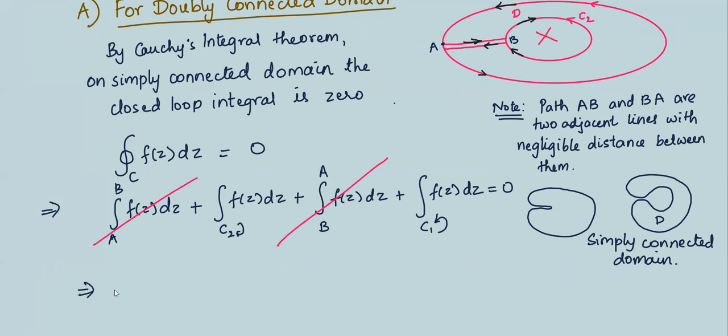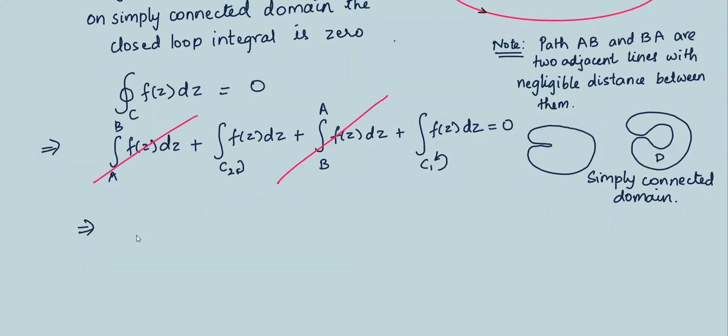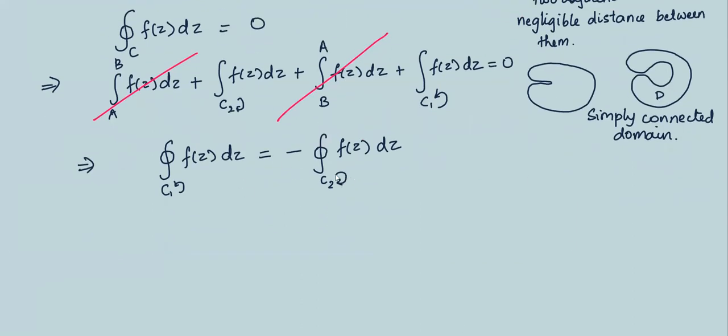Then what we are left with, take this to the other side: the integral over closed loop C1, practically it is a closed loop, just one point we are missing, of f of z dz is equal to minus the integral over closed loop C2 clockwise of f of z dz. Now if I remove the minus sign, I will change C2 also to anti-clockwise.